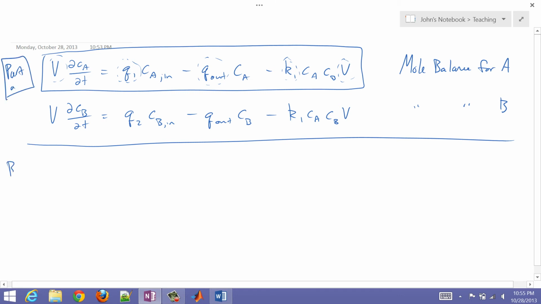and now I'm going to go down to part B of the problem, which was to linearize this expression, and then we're going to get into deviation variable form.